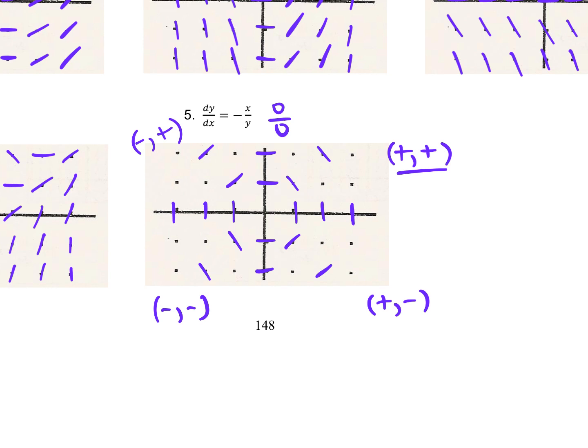Okay. So I do want to reason out where it's more positive and less positive. Over here, my x is going to be bigger than my y. So what are my slopes going to become as I go out to the right? Bigger, because the x is on top. A larger x on top makes that more of a slope. This one up here, the y is bigger than the x, which means it gets smaller, flatter.